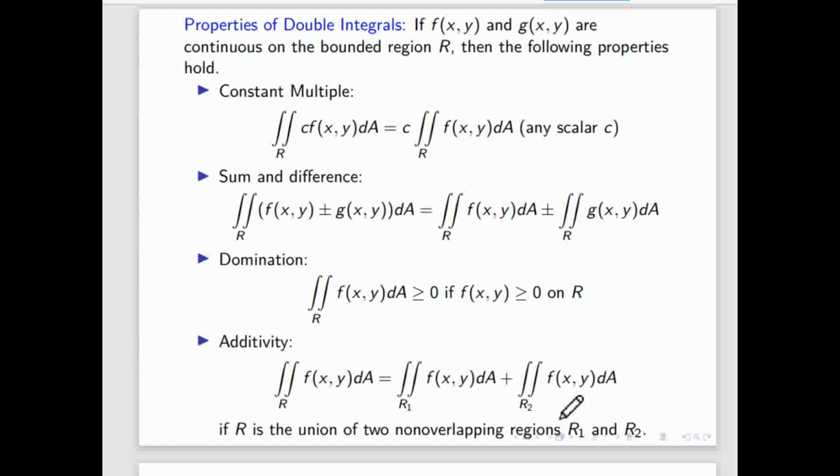It is similar to this: if you want to integrate from 0 to 1, then you can integrate 0 to half and then half to 1. Same thing here: divide the region into two non-overlapping sub-regions, and the integration of the function over R is the same as the integration over R1 plus the integration over R2.